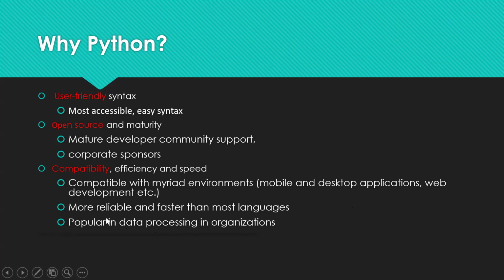It's compatible with all forms of development. It's the most reliable and faster than most languages. It is most popular in data processing in organizations. If I need to analyze data in database tables or in CSV files, millions of rows in a CSV file, I can use Python and it works like anything, right? So these are a couple of reasons why Python has become so popular.